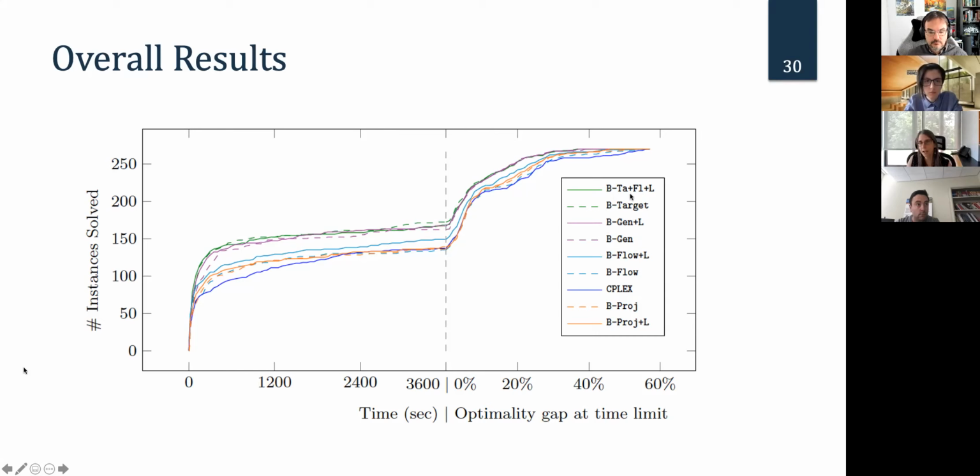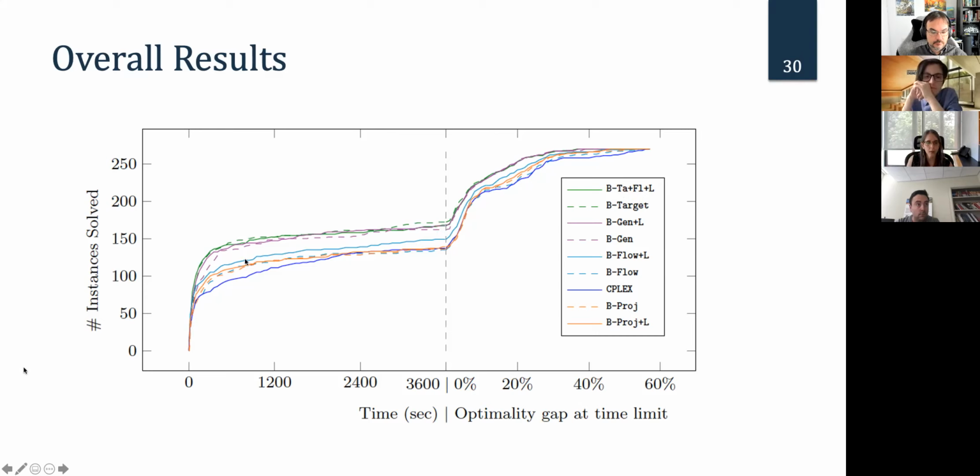And for the target cuts, since they didn't need any lifting, they were already as strong as they can get. What we did is combine this. We did some flow cuts first, and then when those stopped, we started using target cuts. All in all, they're all more or less here. These are complete procedures that are guaranteed to give us in the end the best cuts possible.